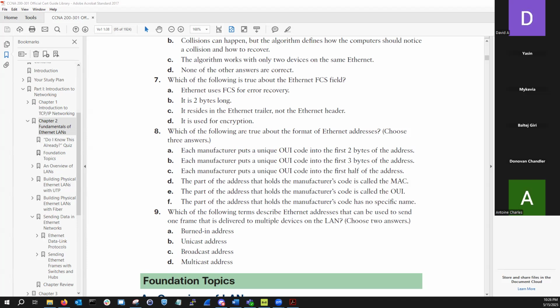So a broadcast, isn't that sent to all devices? Yeah. 60 seconds. Okay, C and D, because a multicast sends it to a specific group, and unicast is to one.